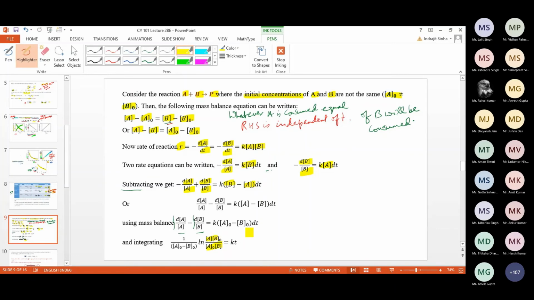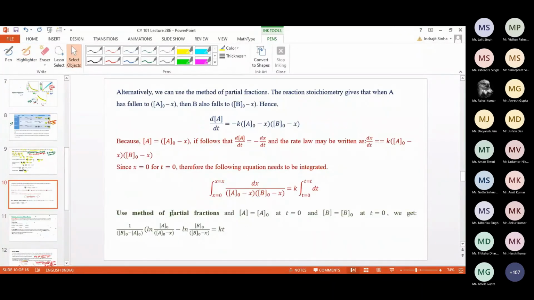There is another way of getting the same expression. Alternatively, we can also use the method of partial fractions. So now we write that when A has fallen to A0 minus X, B also has fallen to B0 minus X, right?